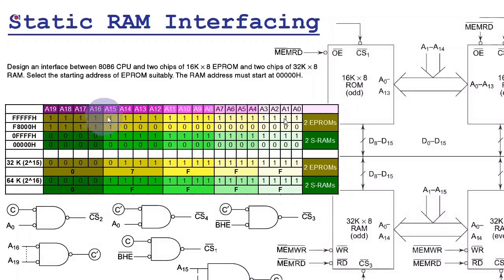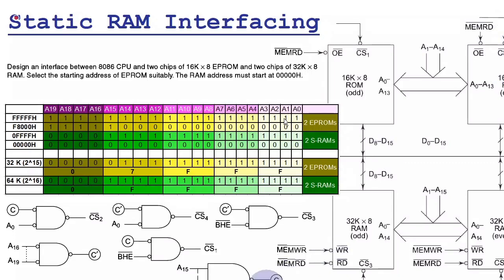When all the inputs are 0, this NAND gate's output will be activated and you will receive this C signal. So this C signal could be used as an activator at this CS2 here.